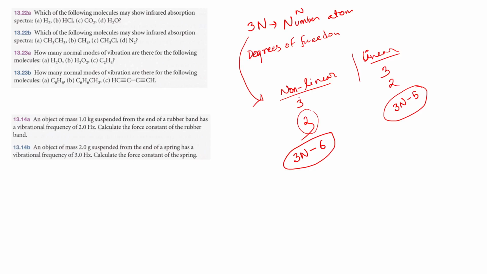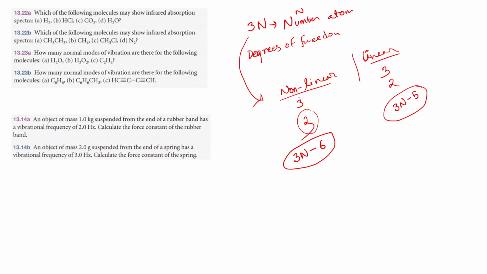So for CO2, how many normal modes of vibration are there? It's a linear molecule, and there are three atoms. So 3 into 3, 9, minus 5, so there are going to be four normal modes of vibration. But there could be a fifth kind of vibration, which is actually a linear combination of all these four.